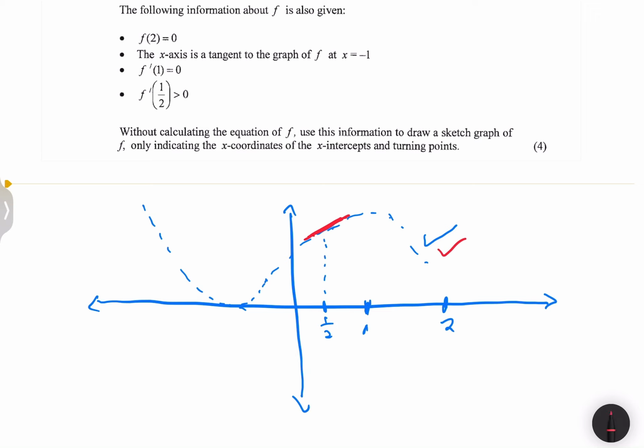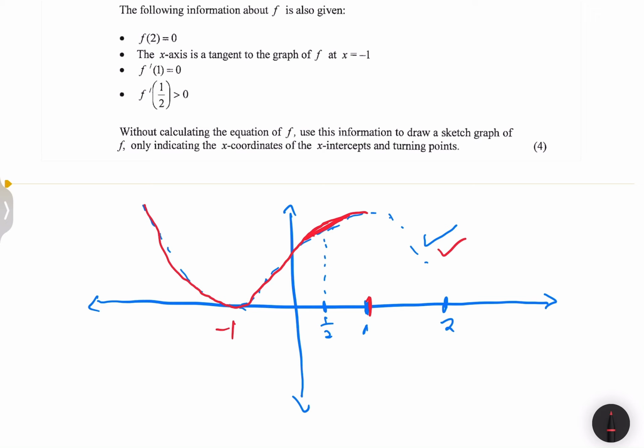Okay, so in this case, it means our graph, first of all, we had at negative 1. So remember that we said at negative 1, our graph had a turning point there. Okay, so there's our positive gradient. We know at 1, we said f dash at 1 is equal to 0.